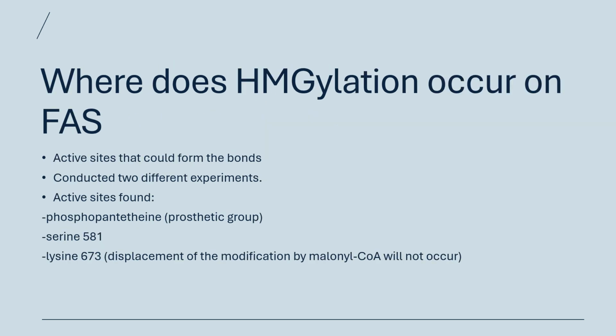Okay, so now they wanted to identify the exact sites of HMG-ylation. They were interested in the sites that would form the bonds talked about in the last slide. They were able to identify the prosthetic group phosphopantetheine as being HMG-ylated via a diester bond.